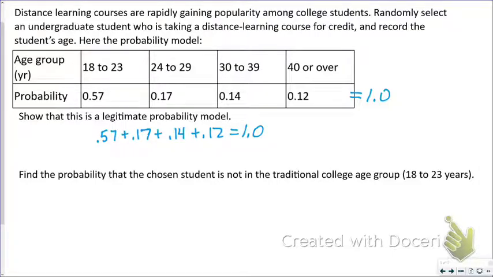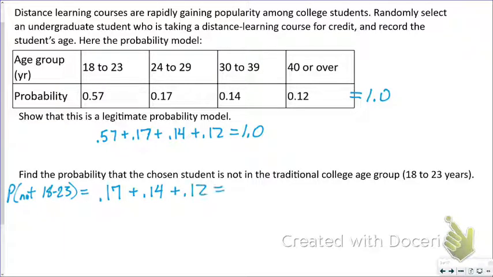The next question, they want to know the probability that a student is not 18 to 23. So one way to approach it is to add up all the other probabilities that are not 18 to 23.